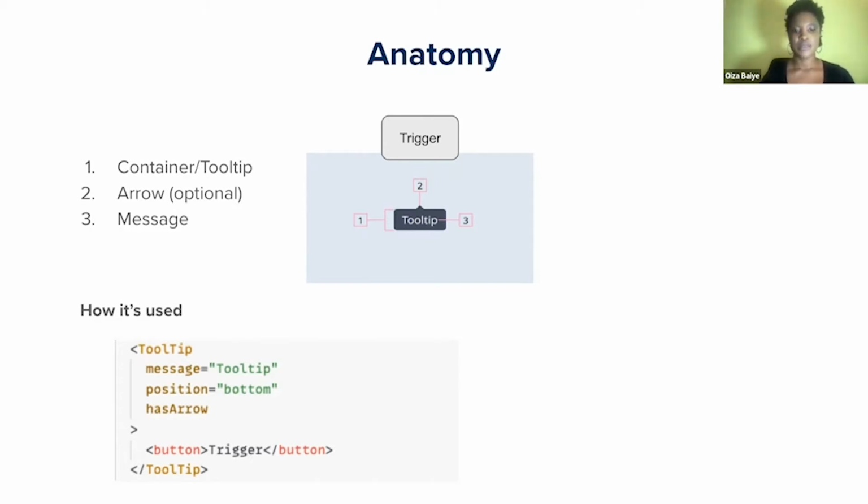And below, I just have a screenshot of how a developer would create an instance of the tooltip when building a page or a component. You basically pass the trigger element, being the thing that the user hovers on, and you pass that as a child of the tooltip.